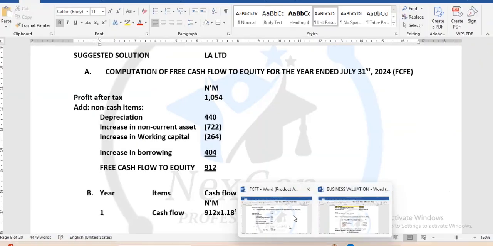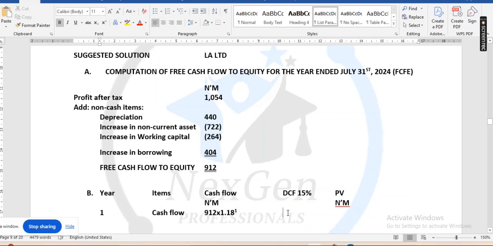So what do we have? 0.870. Is it 70 or 67? Which one? 69, but 695. So it is now 870.